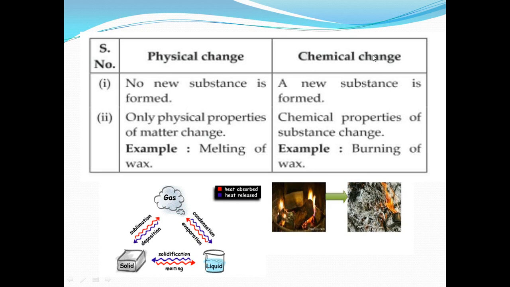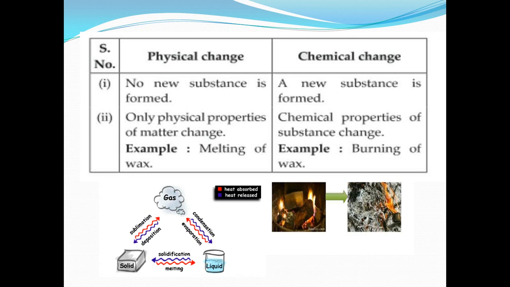Another example, if you have a paper, then you cut it. Is it physical or chemical? Yes, this is paper in the first step, and in the second step still paper. In the first step, its color is white. In the second step, after cutting, still white. Can you write on the big one? Yes. Can you write on the small one? Yes.